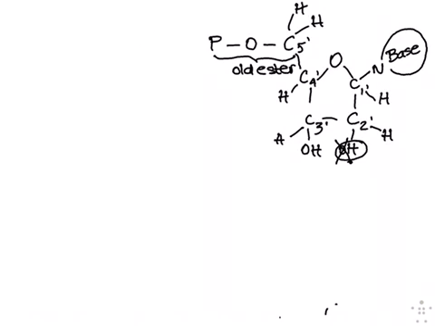Okay, and there will be 3 phosphates here. This is an oxygen. Okay, and 3 phosphates: 1, 2, 3, with an OH here, a double-bonded oxygen here.